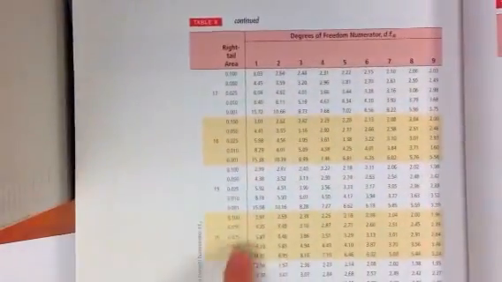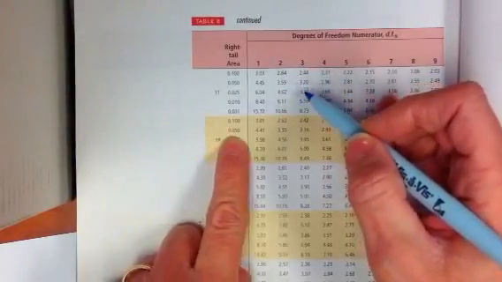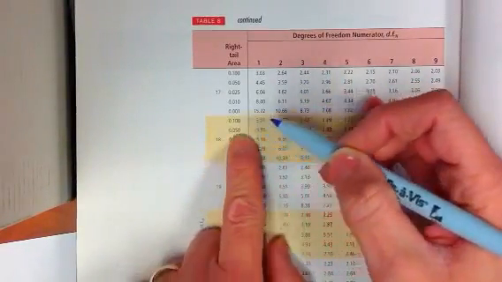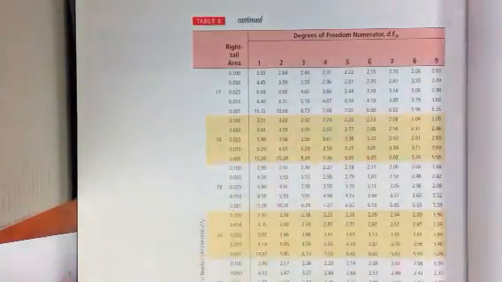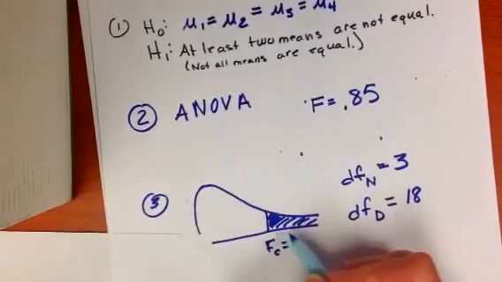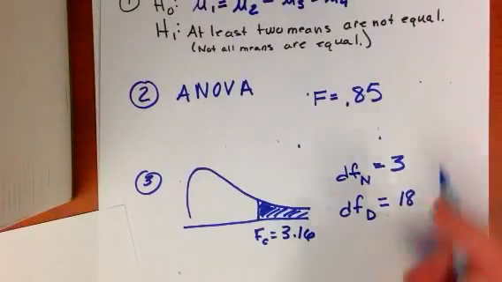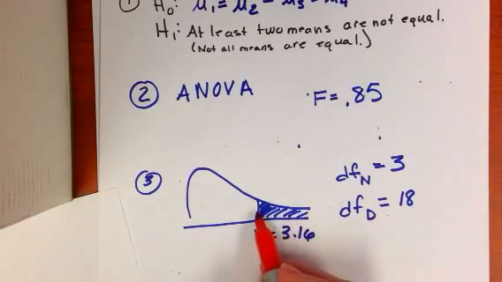Our degrees of freedom for the denominator is 18, numerator is 3, alpha 0.05. In this little group beside the 18, this brown area, I look for 0.05, go over to 3, and get 3.16. Looking at our test statistic, 0.85, is that to the right or left of 3.16 on a number line?